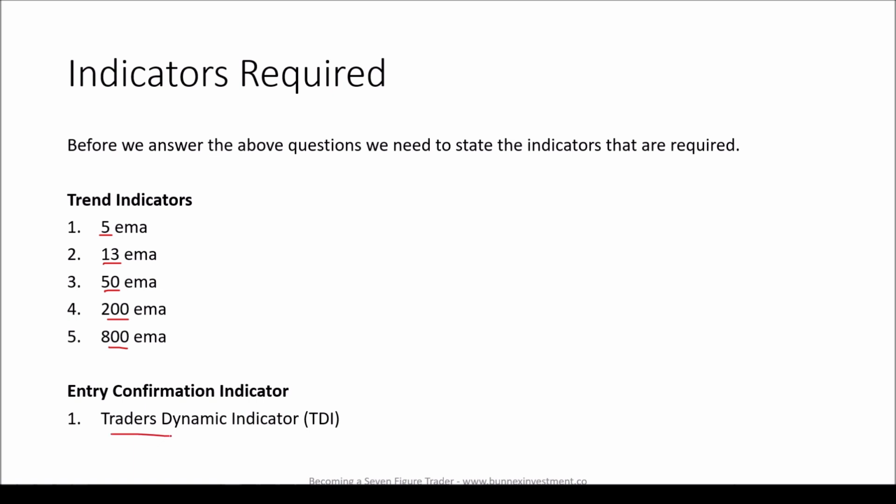It's actually a free indicator out there which is used to confirm our entries. As you've seen from our course outline, we have corrective entry points, reversal entry points, and continuous or running flat entry points. We will talk about all of those, and they all require the Traders Dynamic Index to increase our accuracy.